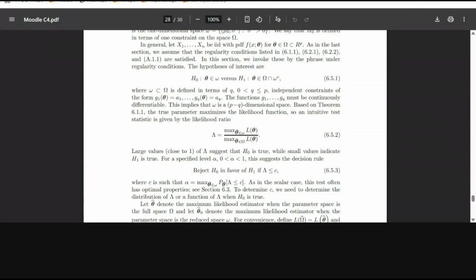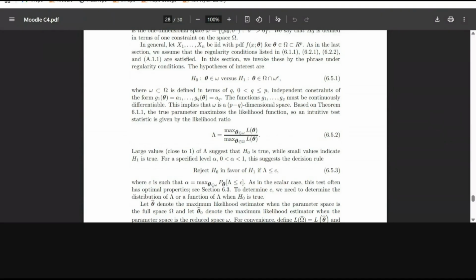Why am I talking so much about this? Because if you look at equation 6.52, we have to be careful. Equation 6.52 is how you set up the likelihood ratio. You want to find the maximum likelihood value under a maximization that's allowed to see only the null.